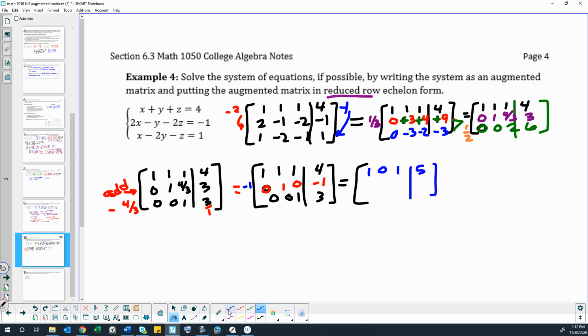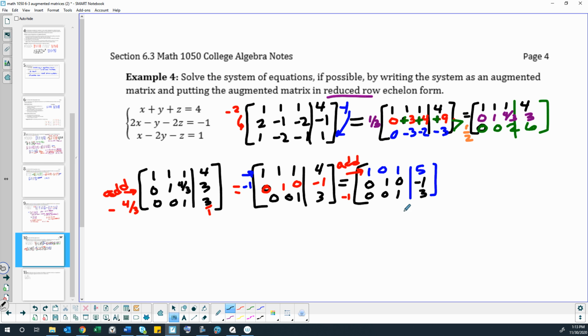Okay, so now we're going to multiply this one by negative 1 and add it to, so in this case we added it to that one, right? And this one we're going to multiply that by negative 1 and we're going to add it to that one.